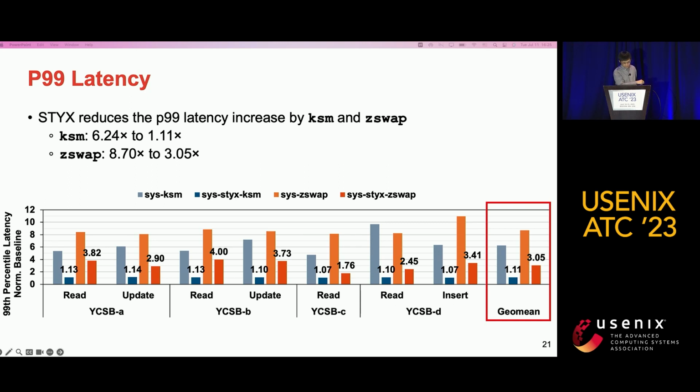So we can see that STYX can successfully reduce the 99% latency increase. For KSM, it reduced the overhead from 6.24 times to 1.11 times, and for zswap, it reduced the overhead from 8.70 times to 3.05 times.